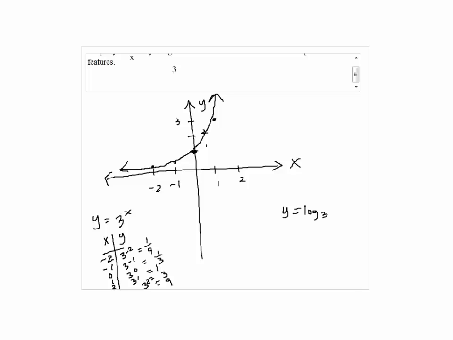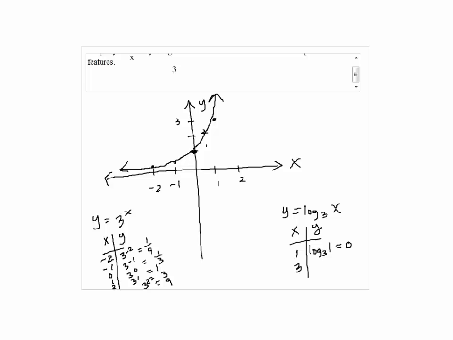Now for y equals log base 3 of x, you can choose points for x and find y to plot points. So for example, when x equals 1, log base 3 of 1 will be 0.